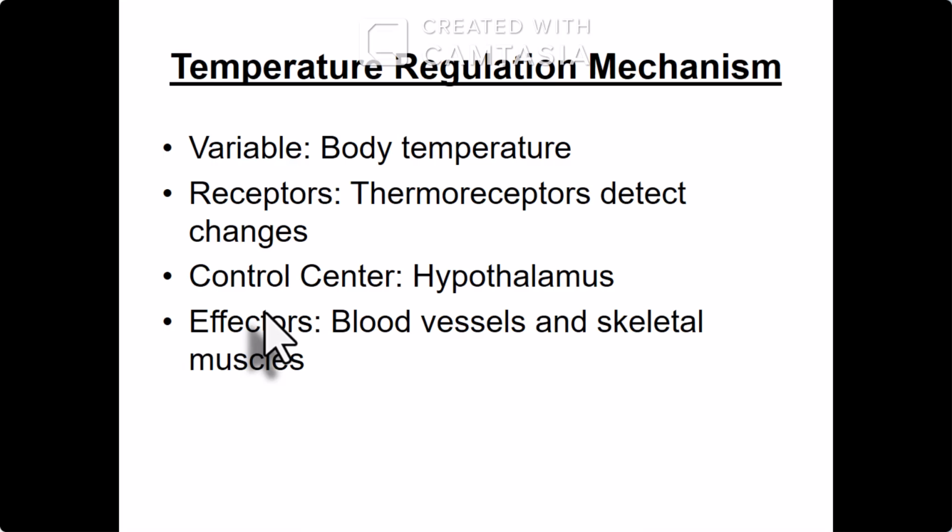In temperature regulation, the variable is body temperature. The receptors are thermoreceptors that detect temperature changes. The control center is the hypothalamus, and the effectors are blood vessels and skeletal muscles. These structures work together to maintain normal temperature.